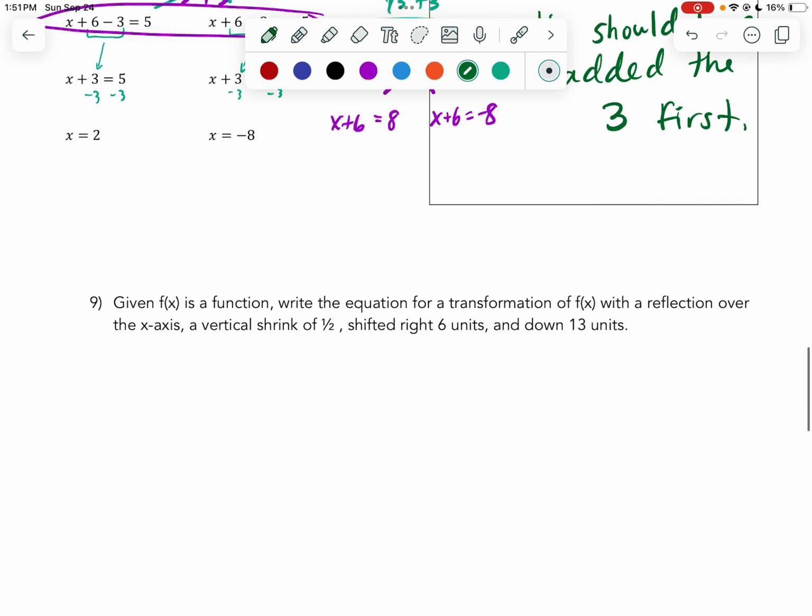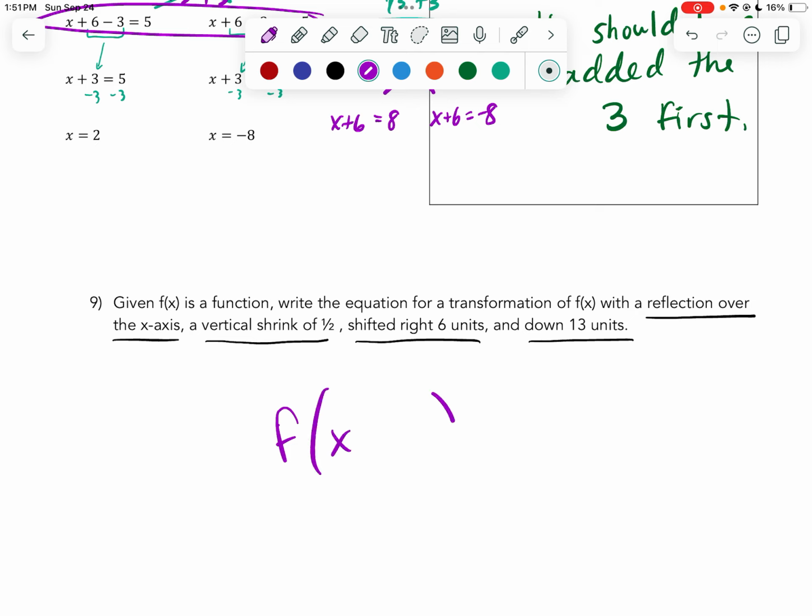All right, and then last question, given f of x is a function, write the equation for a transformation of f of x with a reflection over the x-axis, a vertical shrink of 1/2, right 6, and down 13. So when you do this, you want the f of x, and then we might need to fill in some other stuff. So a reflection over the x-axis, that's a flip. That means there is a negative sign out front of your function.